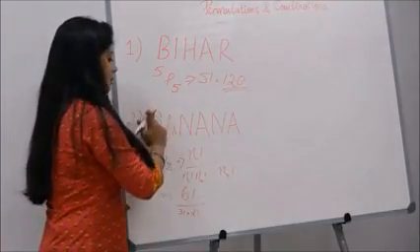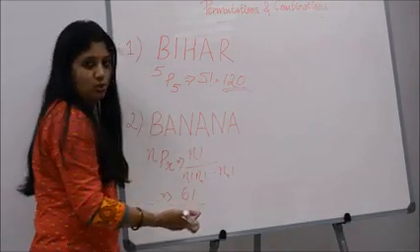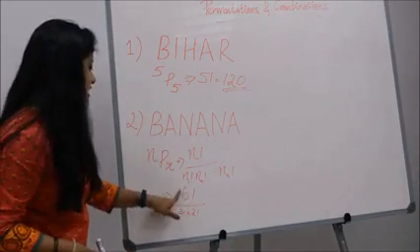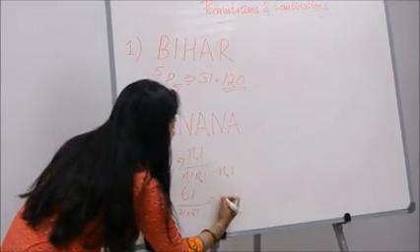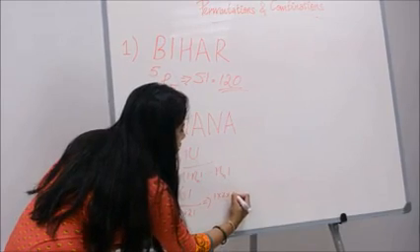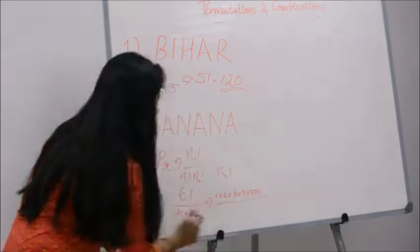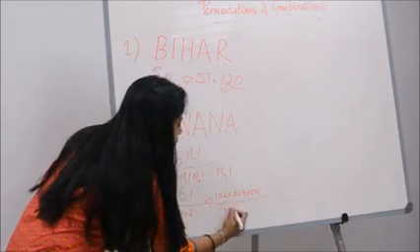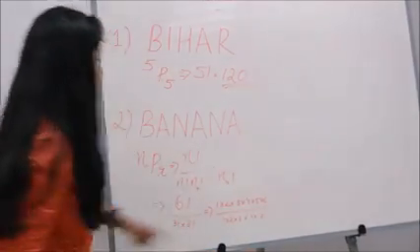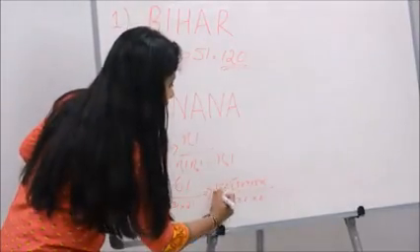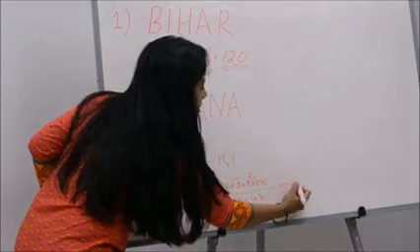And now only B is remaining, it's not getting repeated, so you needn't mention it here, or maybe we can write it as 1 factorial. Okay, it doesn't make any difference. So 6 factorial by 3 factorial into 2 factorial, you can simplify it. 1 into 2 into 3 into 4 into 5 into 6 whole divided by 3 factorial, 1 into 2 into 3, and again 1 into 2, which you can cancel off the common terms, which gives the answer 60.